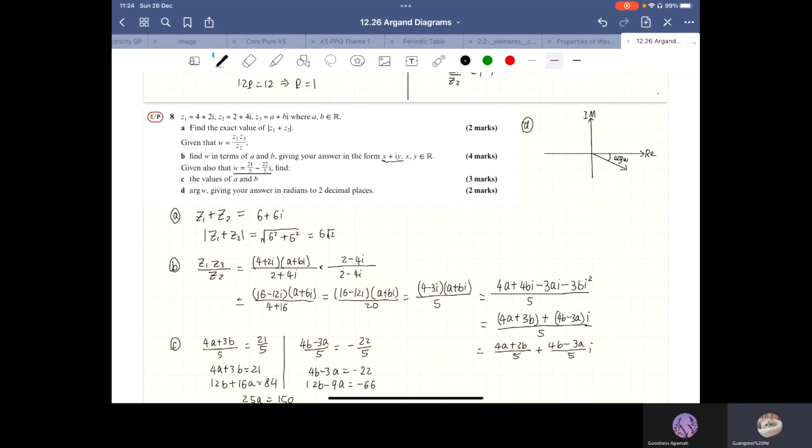If it's here and this is the argument of w, do we need to do anything to it, or can we just take the angle? If it's in the fourth quadrant, we need to do something to it. What do we need to do? I think minus pi.